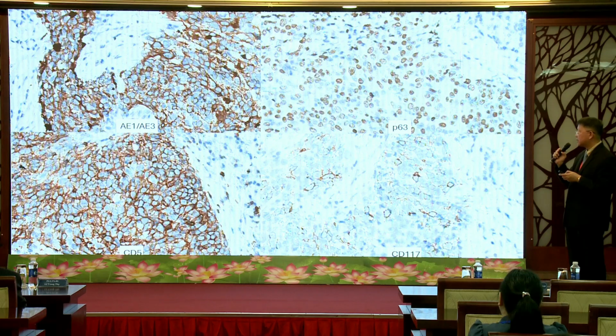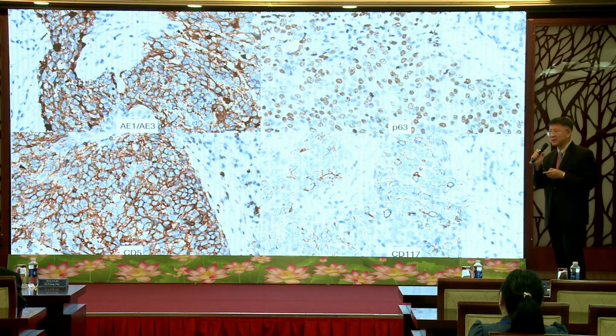The tumor is positive for CD5 and CD117. So this is a good example of intrathyroid thymic carcinoma, where the clue is the morphology looks very similar to undifferentiated non-keratinizing carcinoma of the nasopharynx.